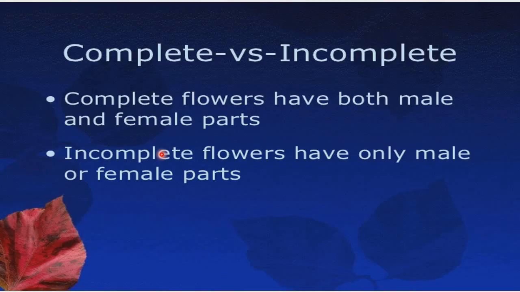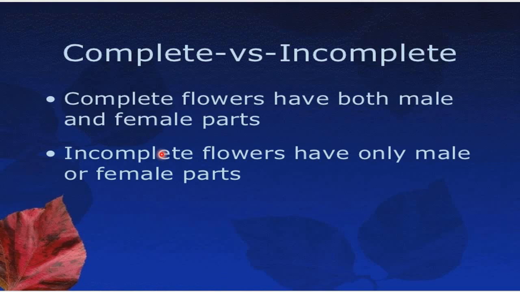First one, we have complete flowers and incomplete flowers. What are complete flowers? Complete flowers are flowers that have both male and female parts, a flower that naturally has all the four floral parts.